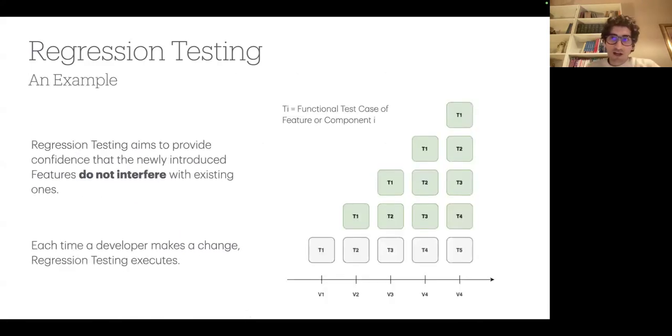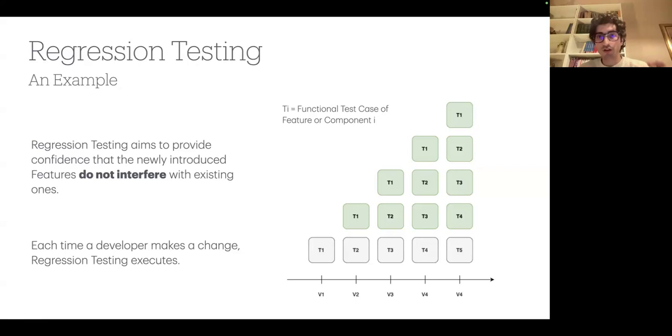So let's make an example. For example, let's say that a developer starts with a system with only one feature and the corresponding test T1. Then after some time, he produces a new feature number 2, with the corresponding test number 2.